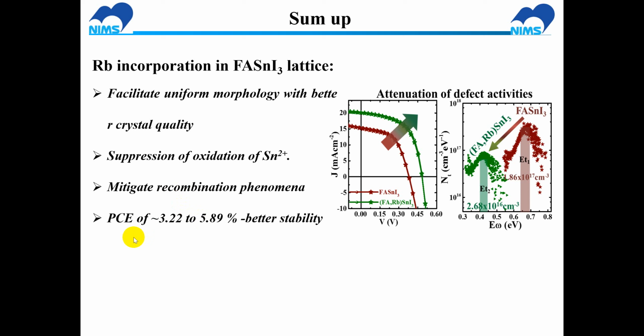Of course, we have improved device performance from nearly 3% to 6%, and this is the figure. It shows the improvement in device performance, and that is correlated to the suppression of the defect profile.